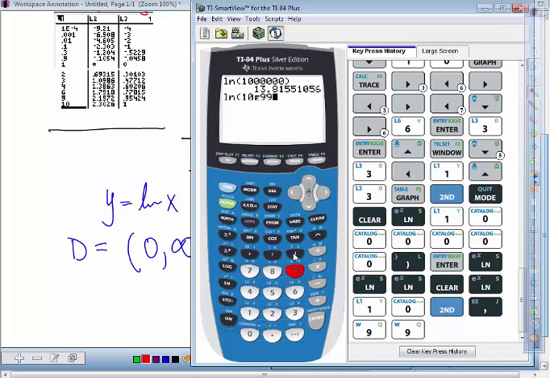So this mathematician had this little kid who was saying, googol, googol. And he decided to name this number a googol. So what is ln of a googol? It's 2.